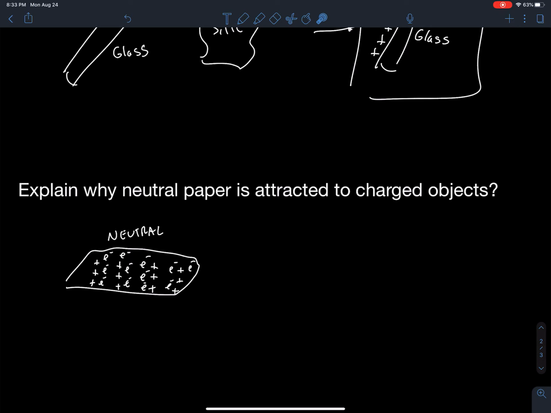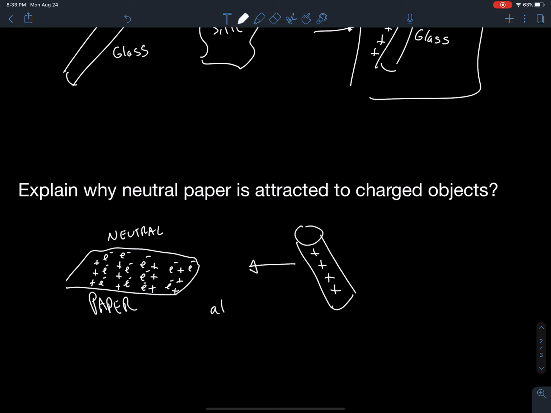You know that those are the particles that give materials charge. So this paper object is neutral. Why would a neutral object such as paper be attracted, for example, to a positively charged glass rod? How can that attraction happen? I understand that attraction happens when objects have opposite charges. If that paper was negative and the glass was positive, they should attract. But why is it that when I bring that object close, we get attraction?